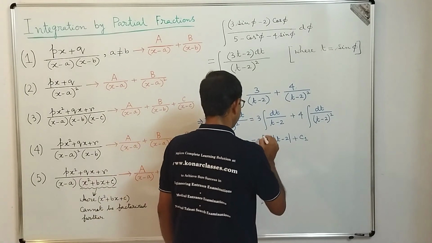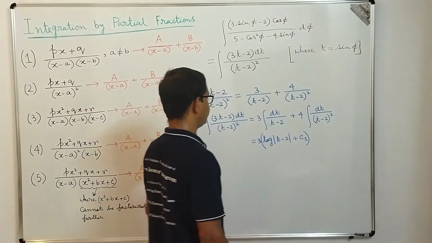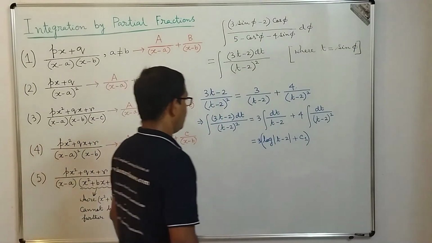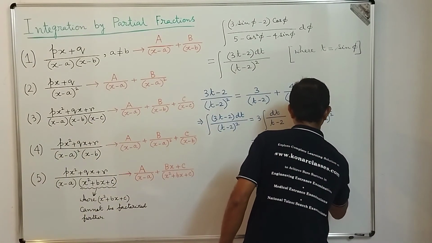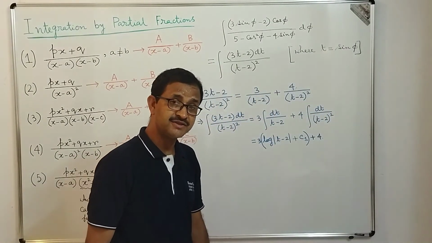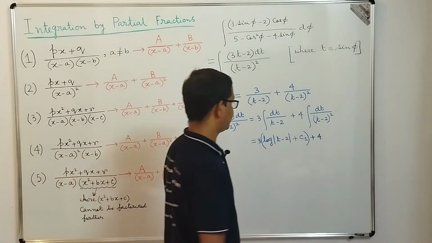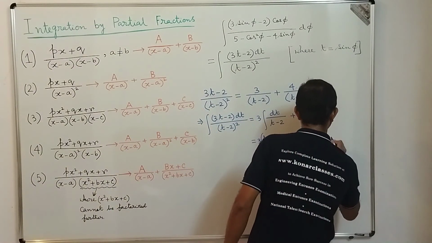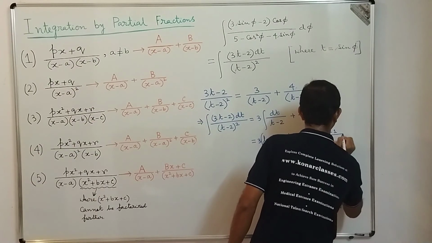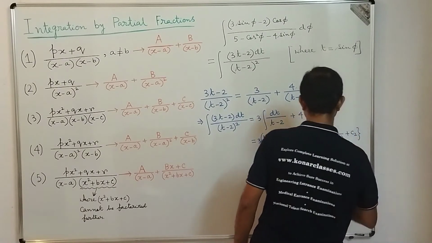Now plus 4 into the integration of dt by (t minus 2) whole square, that is equal to minus 1 by t minus 2, and plus one integrating constant c2.